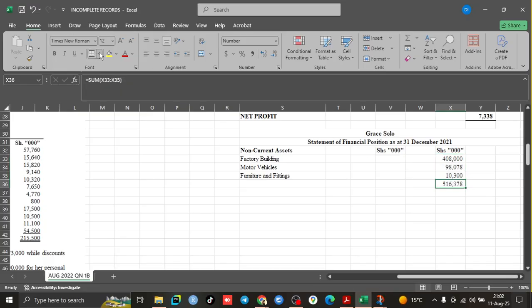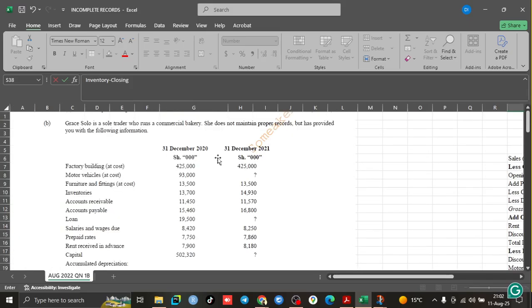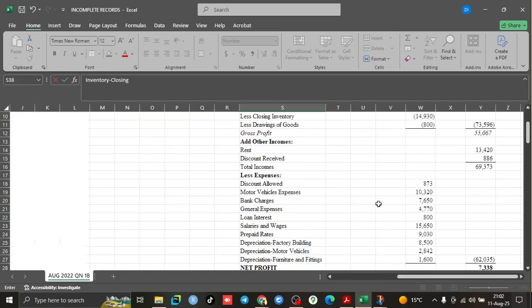Let me move to current assets. Current assets comprise closing inventory, accounts receivable, any cash or bank, things like that. So closing inventory we will get from this list here. Inventory of 14,930, the closing one.